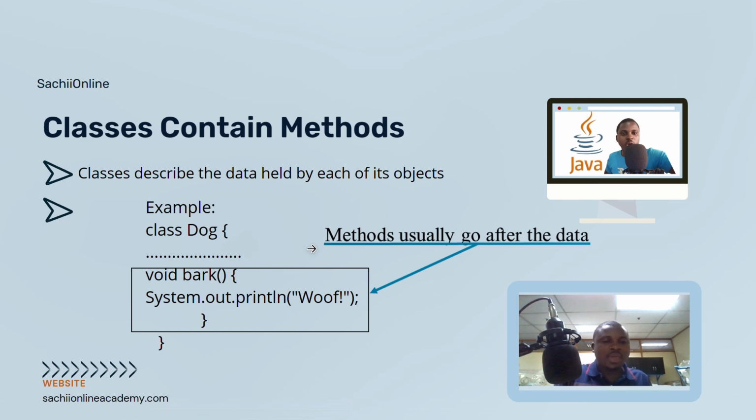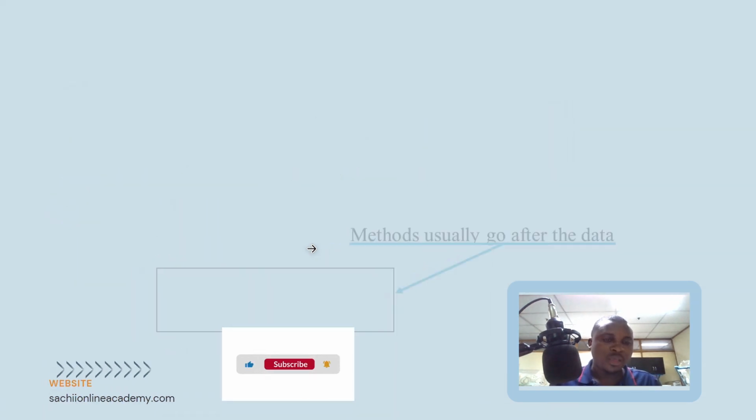So from there we have moved on to the data and then the methods. The data is actually the characteristics of an object, and the methods are the behaviors of an object. If you're a student, you know that you want to register, so we can have a register method, so that when you want to register, we just call that method and it does the registration process, just like that.